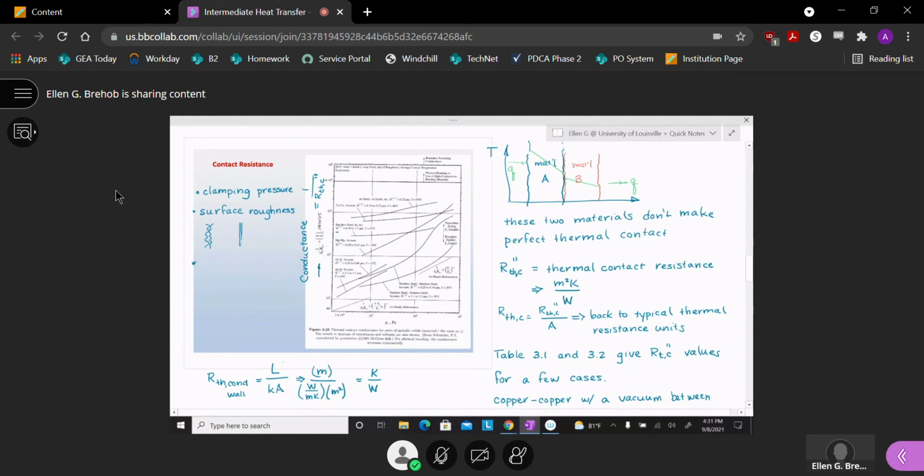Okay. Another factor in this is looking at the hardness of the material.